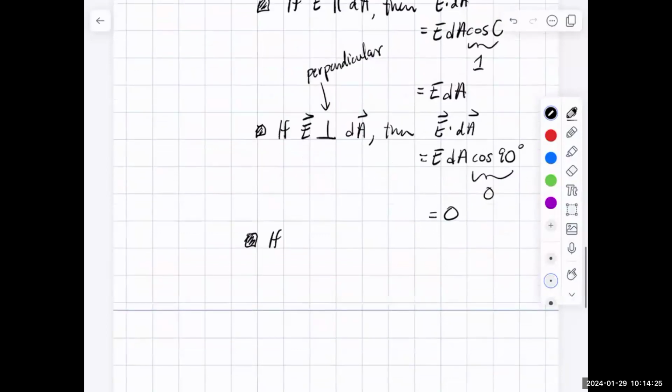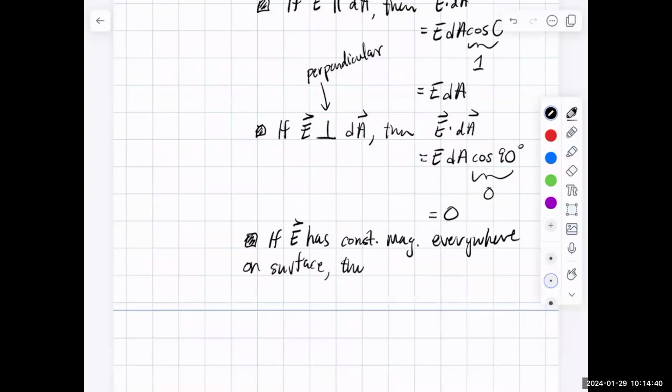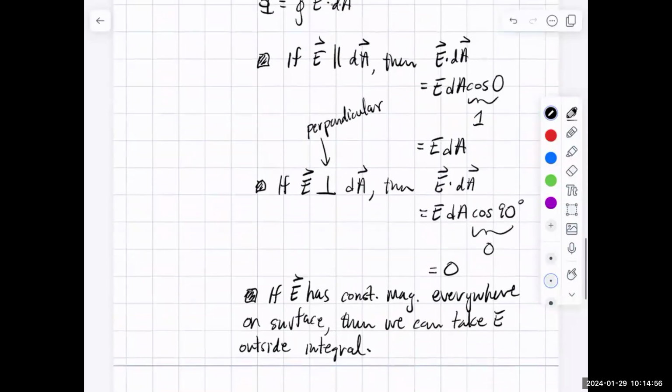Okay, so if E has a constant magnitude everywhere on the surface, then we can take the factor E outside the integral. Okay, and so those are the three things that we're going to try to do. And so let's see if we can attack this problem.